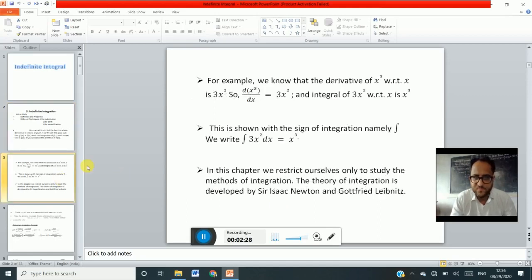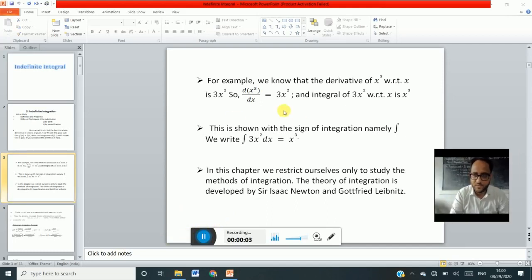Or again, in a very easy way, we say that if the derivative of f of x is g of x, then integration of g of x is f of x, that is the reciprocal. If we take some examples, we know that the derivative of sin x is cos x, right?